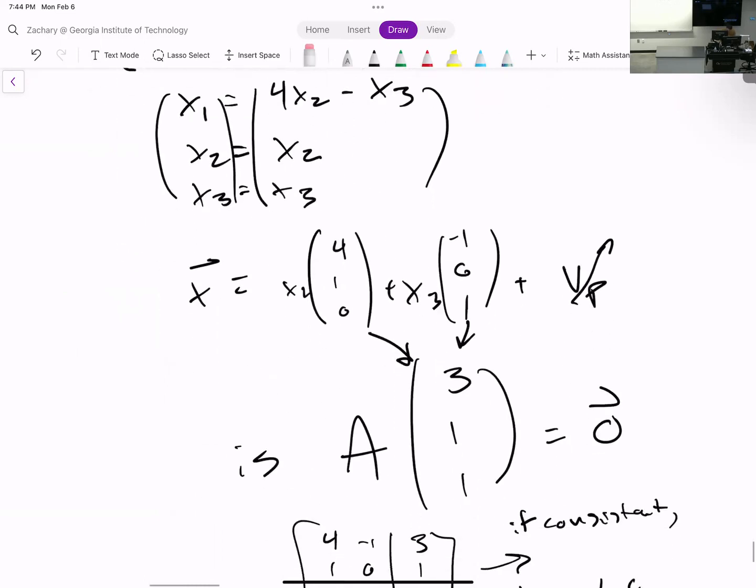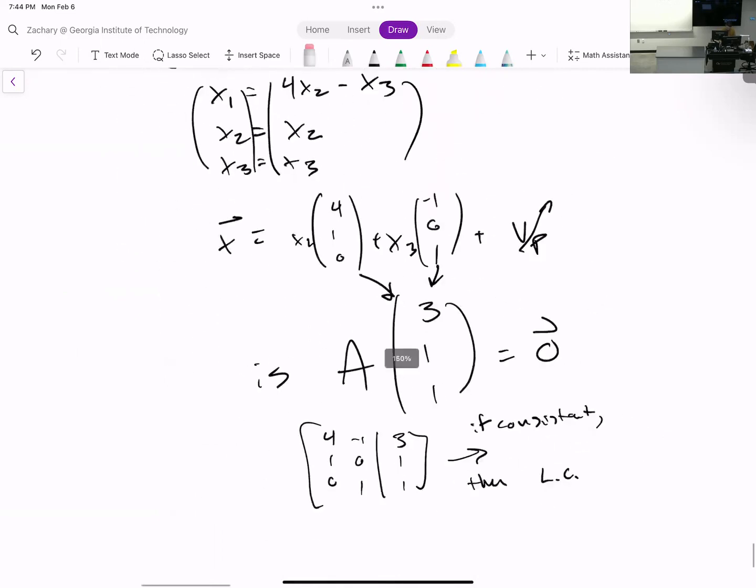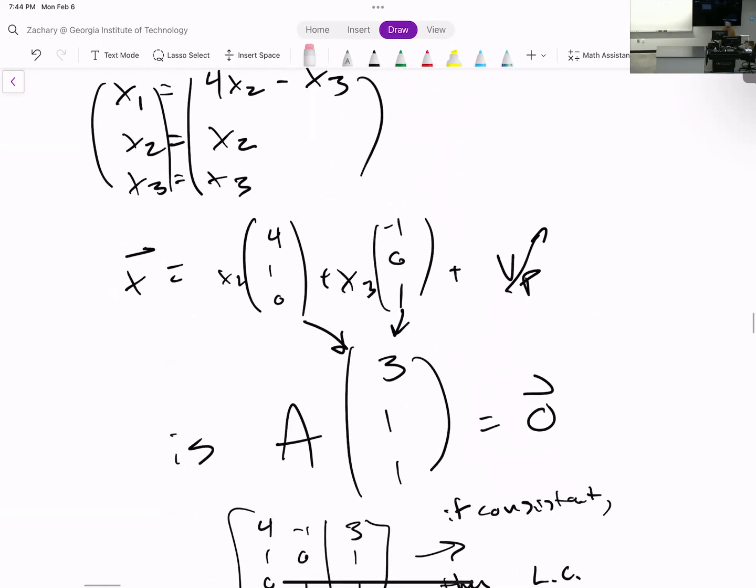But to explain this again, we have two different variables here that are free, right? So what does our solution set look like? It's a what? Plane. We have two free variables, right? So just because the solution we're given isn't one of these two vectors doesn't mean it's not in that plane, right?